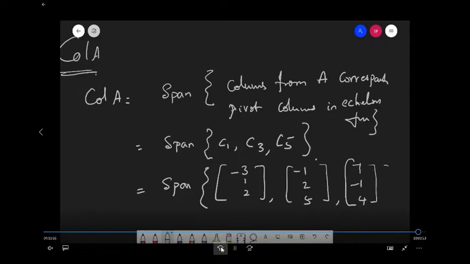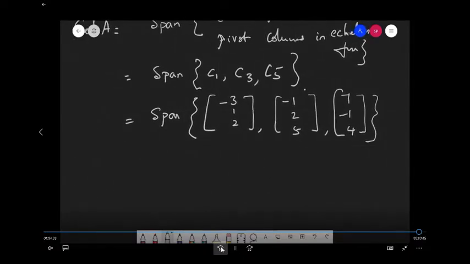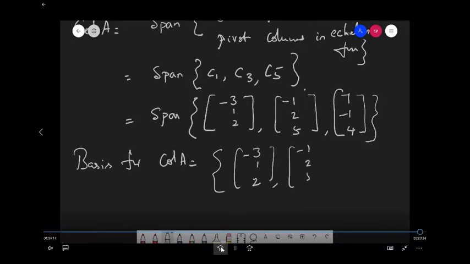Right. So these are the columns from the given matrix corresponding to the pivot columns. Then what is next? The basis for column A is just a finite set containing these three vectors: minus 3, 1, 2, minus 1, 2, 5 and then 7, minus 1, 4.